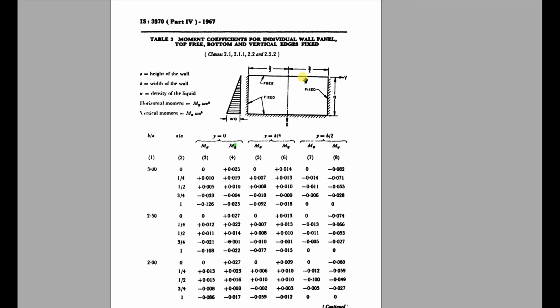The width is governed by y equal to 0, which means the center line, y equal to b by 4, the midpoint between center line and edge, and y equal to b by 2, the edge. So these values of horizontal and vertical moment are given in IS 3370 Part 4, 1967.